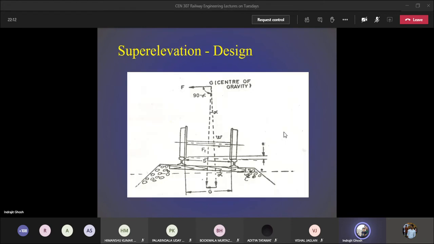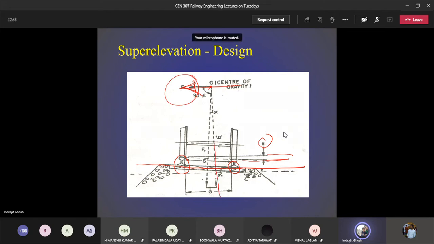So we'll see a photo of it. Here you can see that this is a horizontal curve. This is the inner side, this is the outer side. This is E, the super elevation, cant. This is the center of gravity, the centrifugal force, the direction of the radial acceleration.